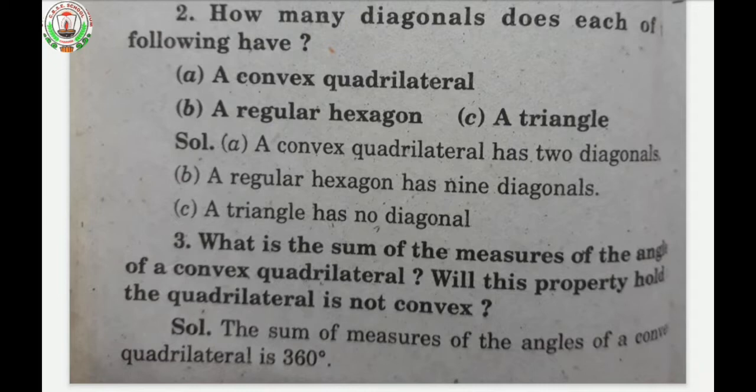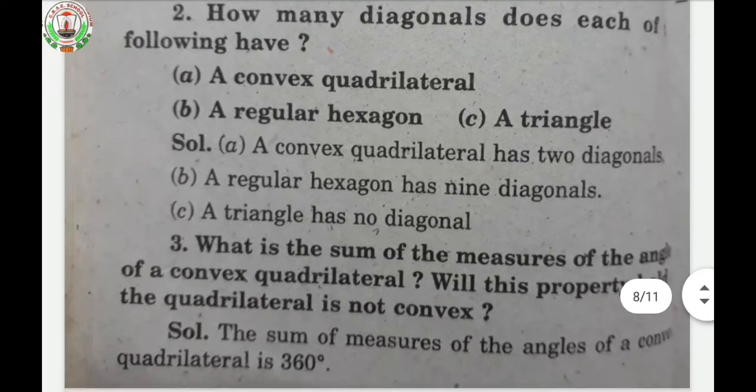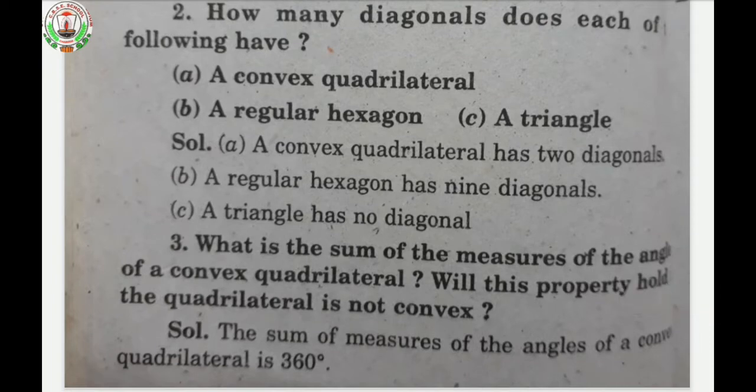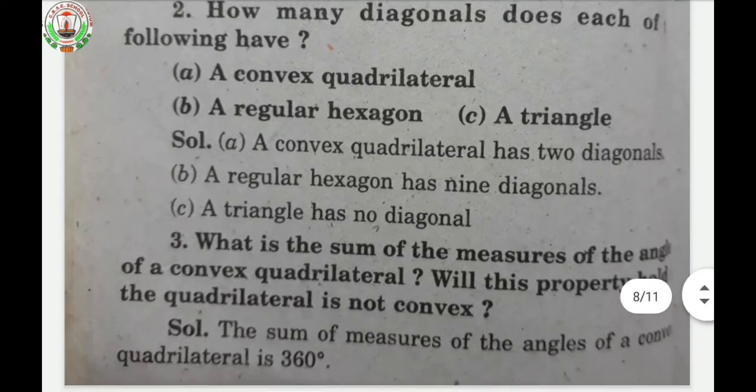So n into (n minus 3) upon 2, in place of n you have to keep 4. So 4 into (4 minus 3) upon 2. 4 minus 3 is 1, so 1 into 4, 4 divided by 2, that is 2.